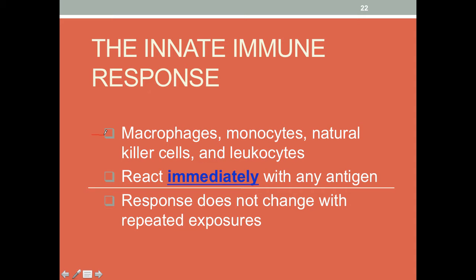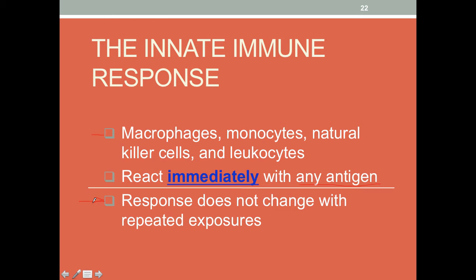This type of immunity reacts immediately with any antigen, and because it reacts with any antigen, it is nonspecific. And the response does not change with repeat exposure, which means the first time our system encounters one type of pathogen, the response is launched.